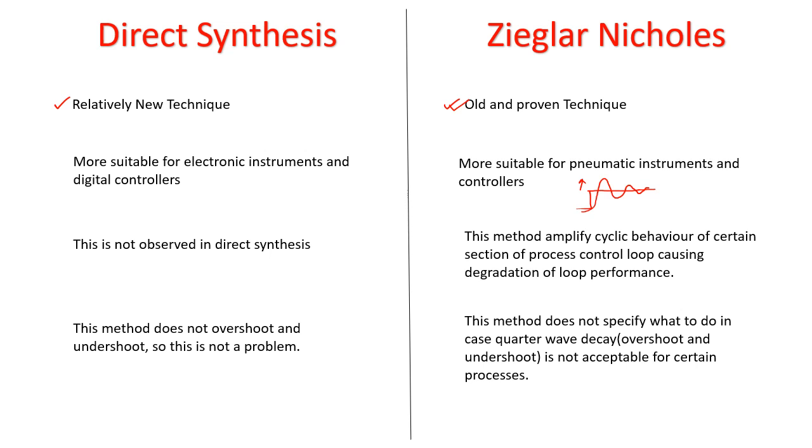But in the case of the electronic system, this may cause the process to oscillate, which we don't want, and many processes are really critical. So that's why this method is not so suitable for modern day instrumentation. I'm talking about the Ziegler-Nichols technique. Again, the Ziegler-Nichols technique amplifies the cyclic behavior of certain sections of the process control, causing degradation of the loop performance. But this is not observed in the direct synthesis method.